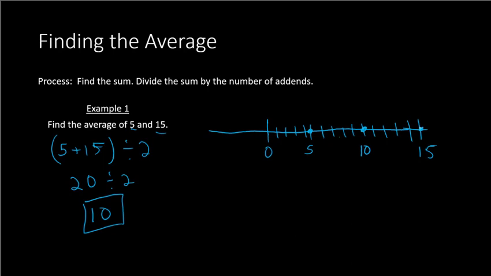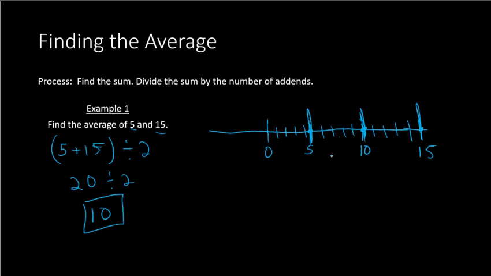So notice on the number line that 10 is right in the center. So here's 5, here's 15, and then the average is 10, right in between those 2 numbers. So it's easier to visualize with only 2 numbers. So if you're averaging just 5 and 15, it's not too bad to visualize that.